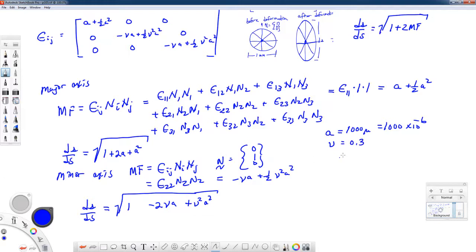Well, we can put these in here, and for the major axis, if our original dimension is 1 millimeter, we can go through and find our new d script s would be equal to 1.001 millimeters. And then the minor d script s we can find to be 0.9997 millimeters.